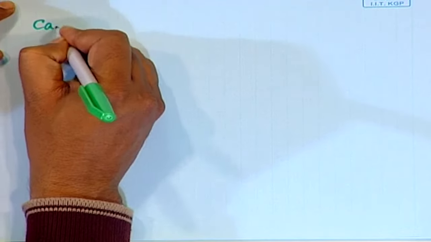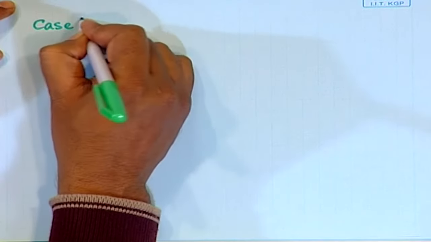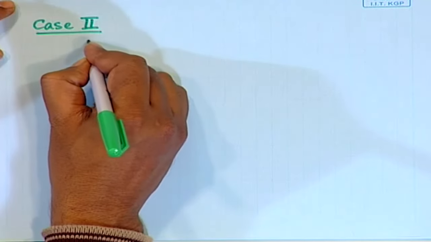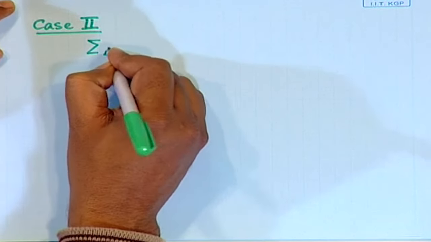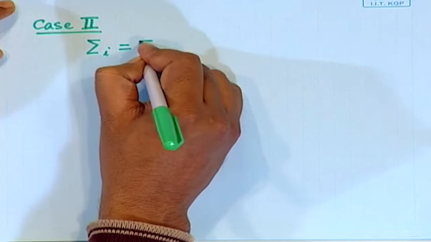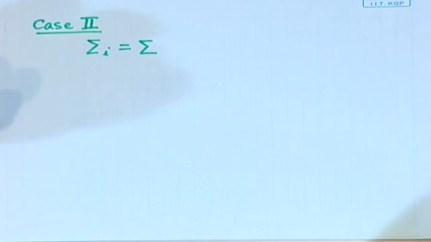Let us take another case, that is case 2. Here I assume again that all the classes have the same covariance matrix, that is Σ_i is equal to Σ. In the first case, we said that this Σ is of the form σ² I. But now we are not putting that restriction.